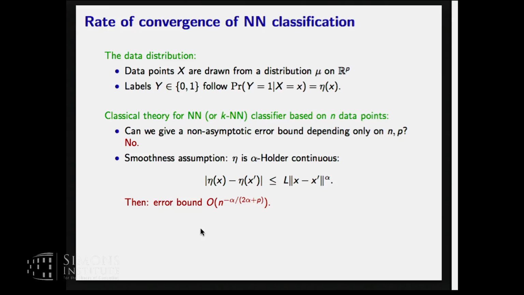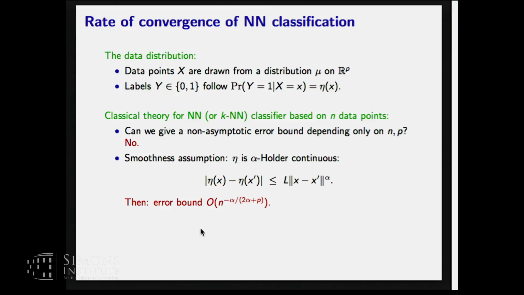Okay, if you have n points, this is the error rate of nearest neighbor classification. And at that point, it's just like gulp. Because this means that it's exponential in the dimension. Okay, so if you want any sort of decent error rate, it looks like you need exponentially many points. And so if the dimension is 50 or more, or actually even a little bit less, there would be absolutely no reason to use nearest neighbor. Okay.